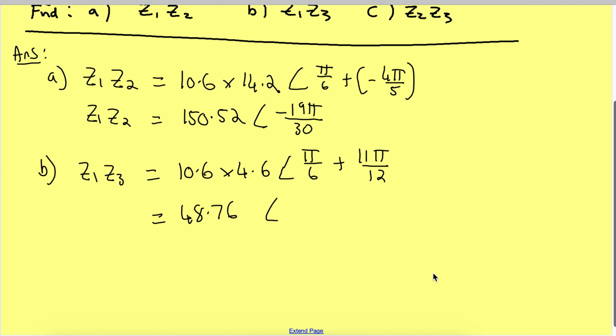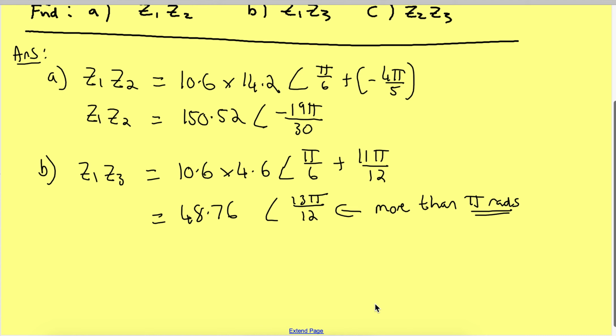And that gives me 13 pi by 12. But that's more than pi. Because 12 over 12 would be 1 pi radians.